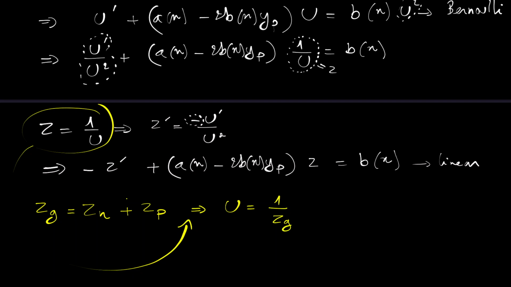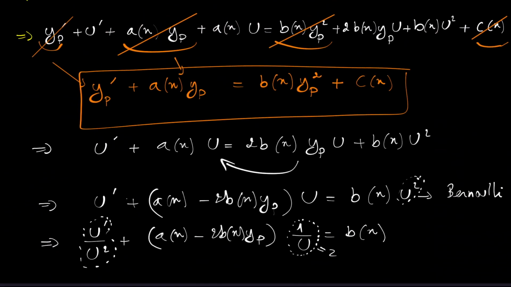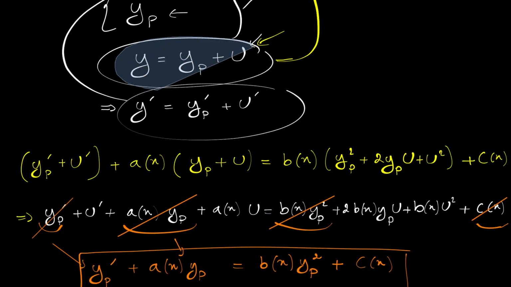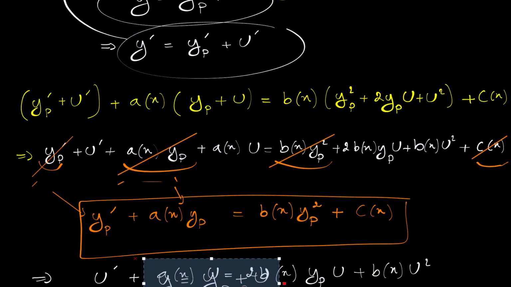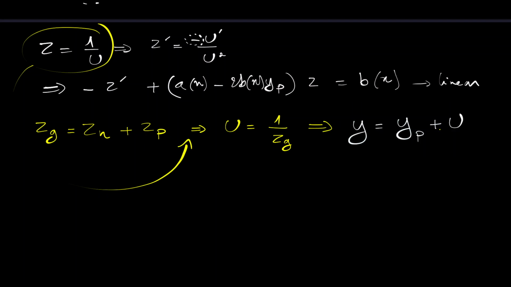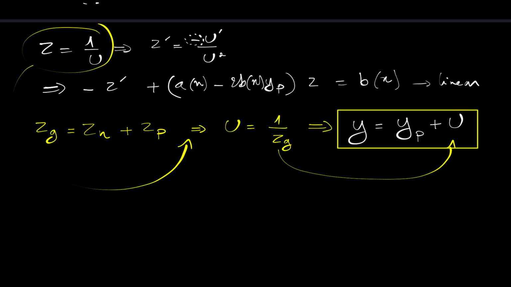Then we return to our original substitution, which is y equals the particular solution which is given plus u that we replace here, and we finally find the solution for our Riccati equation.